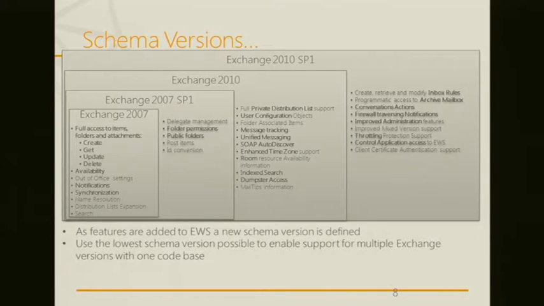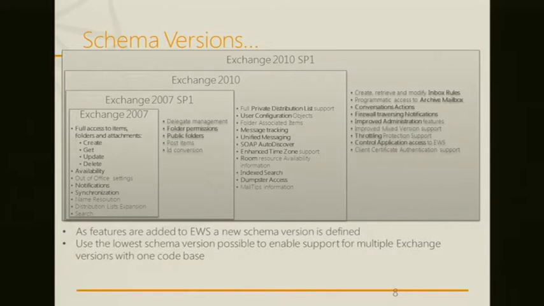And just to keep your code base simple and to work across all different Exchange server versions, what you can do is start with the lowest schema version. If you pick, let's say, 2007 SP1, it has most of the core functionality you would like to play with.